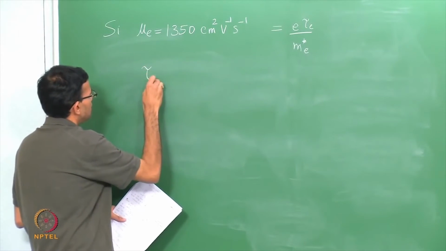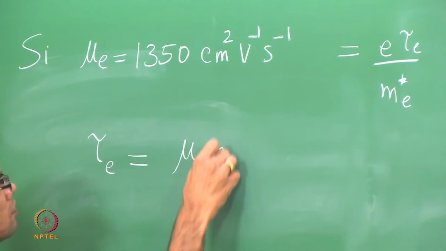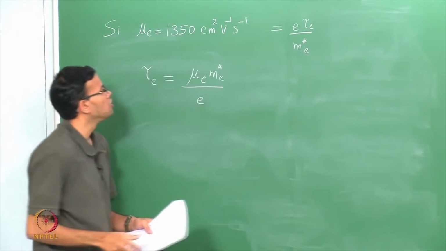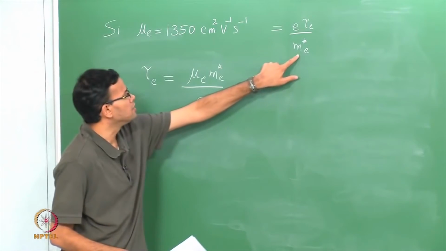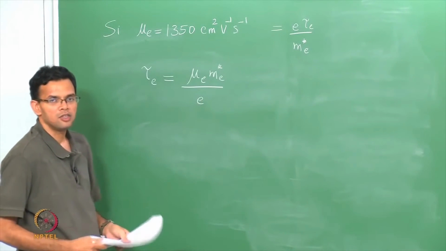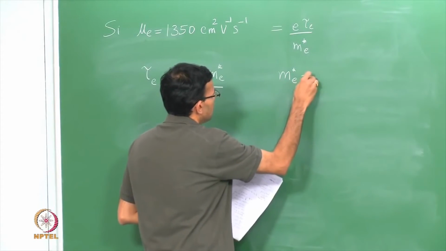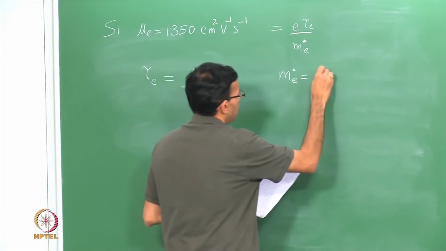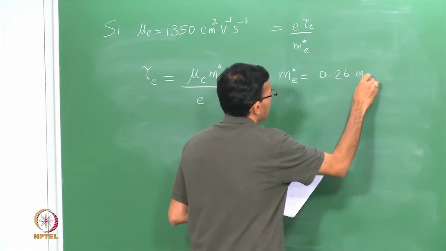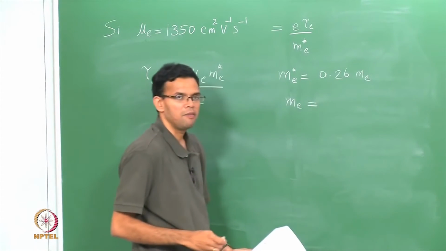Just rearranging the terms gives you tau e, so all I did was take this term here and bring e down. In the case of silicon, me star is around 0.26 me, where me is the mass of an electron.